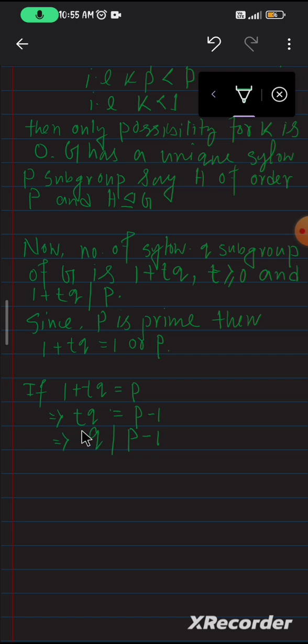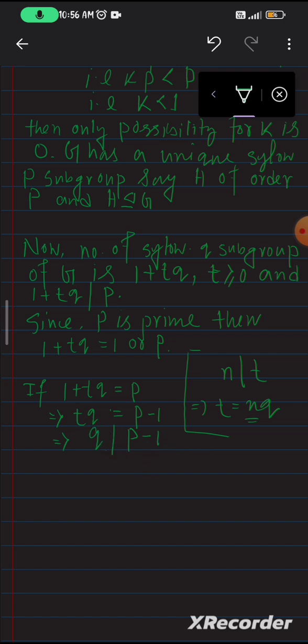Okay, you know that. See, if N divides T, then we can write T equal to some multiple of NQ. So see, P minus 1 equals T into Q. So we can write this: Q divides P minus 1.